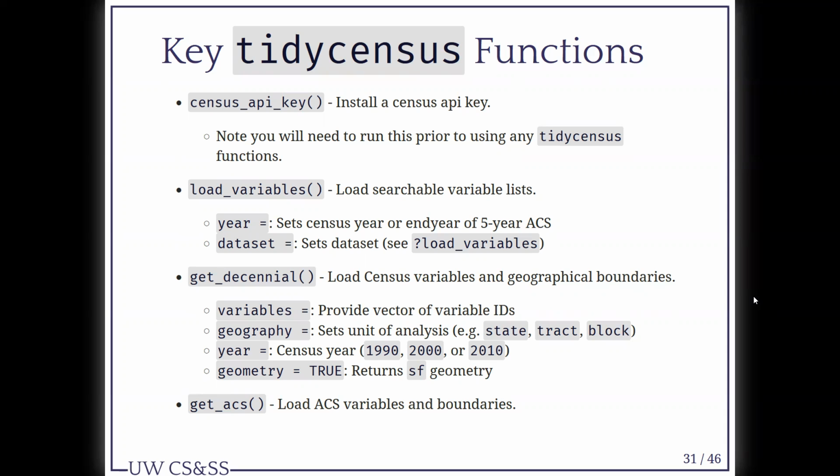And there you can pass arguments like variables, which is a vector of variable IDs. You can look up the decennial census variable IDs, the geography. So if you want information at the tract or block level, and what year census. And then if you pass geometry equals TRUE, it'll give you your simple features geometry with it as well. You can do the same thing with a get_acs function call.